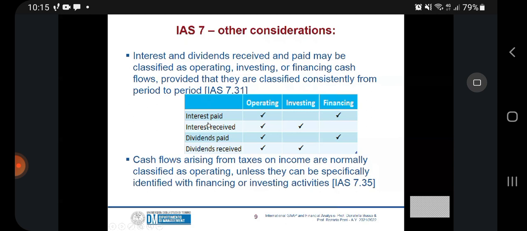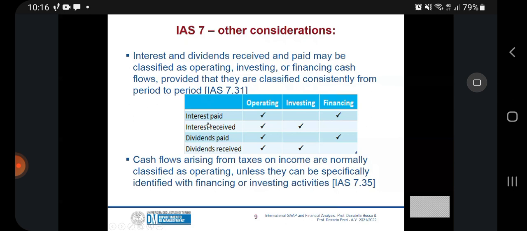Be careful, dividends are not expenditures, they are distribution of profits. Shareholders will receive dividends as income, whereas from the perspective of the company, dividends are distributions or appropriations or allocations of profits. Be careful, they are not expenditures, okay?